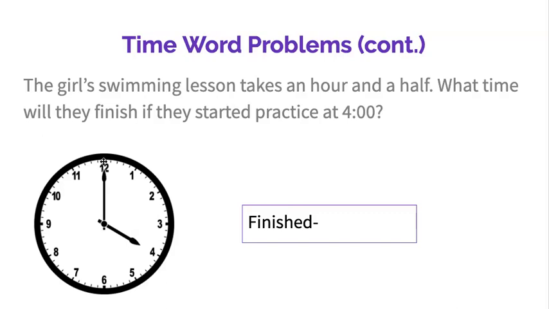And then that 30 minutes or half hour later, it would be 5:30. So again, starts at 4, 1 hour would be 5 o'clock, and then that other half hour would be 30 minutes, 5:30. So they'll be finished at 5:30.